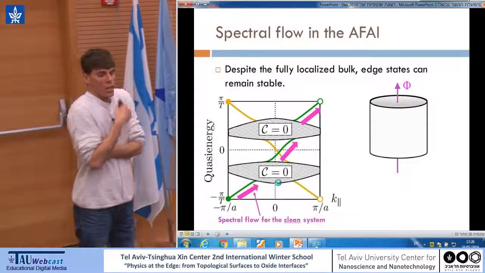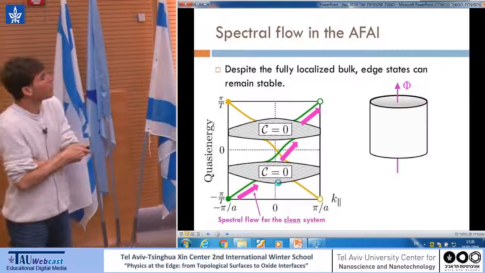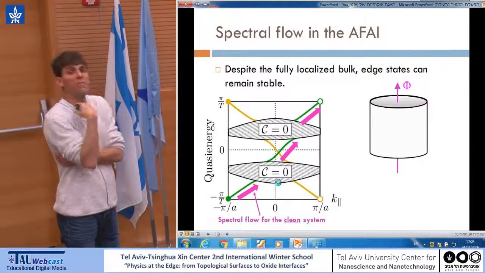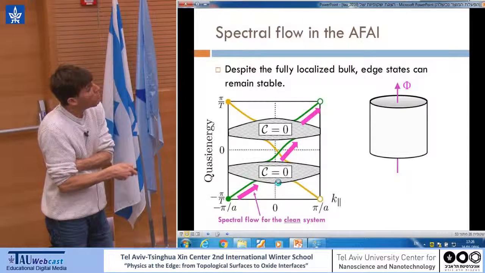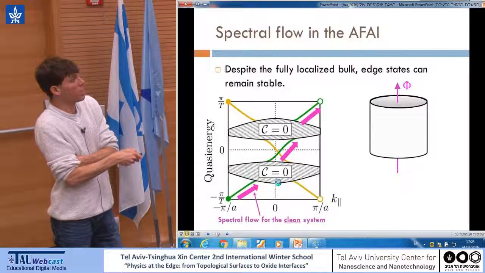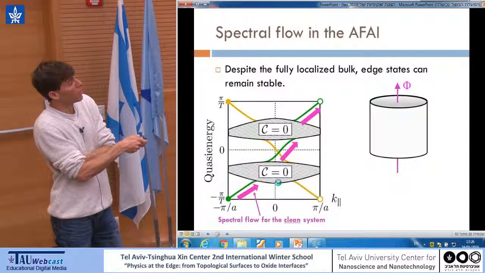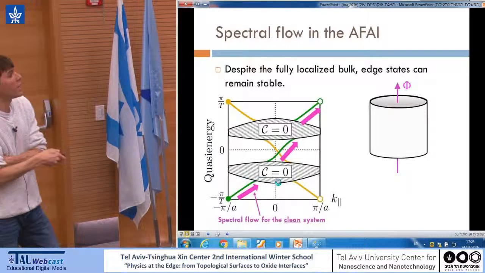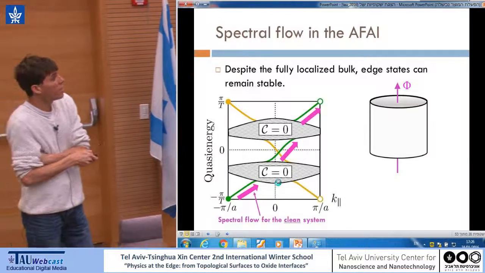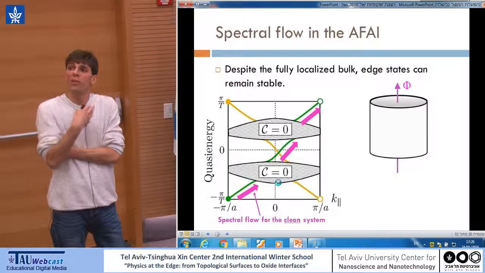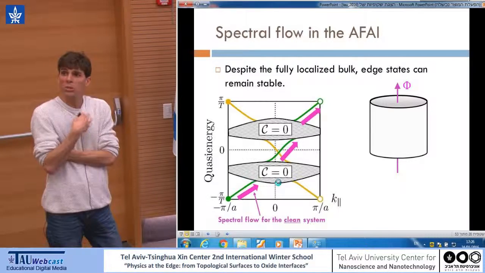Now, if you think about this, this is a very weird situation, because let's think about how the states flow once I start pumping flux into a cylinder which has this AFAI phase, which is fully localized and has these chiral edge states. If I start adding flux, once I add a full flux quantum, I'm going to see a spectral flow.